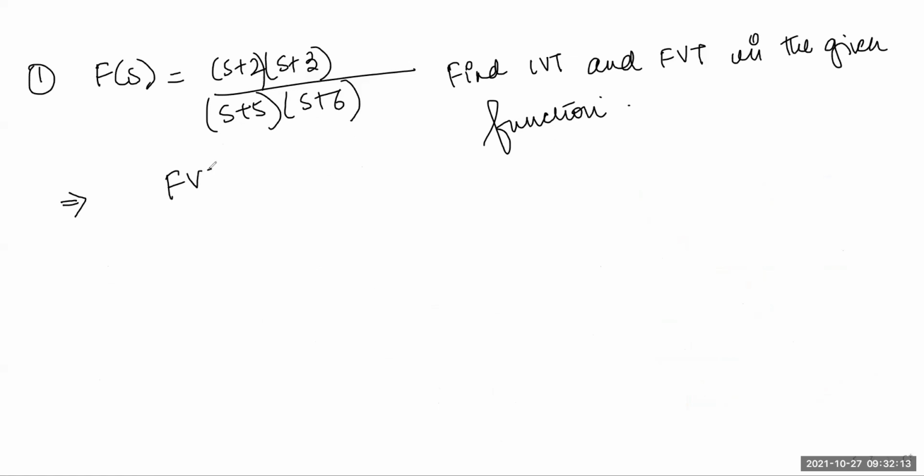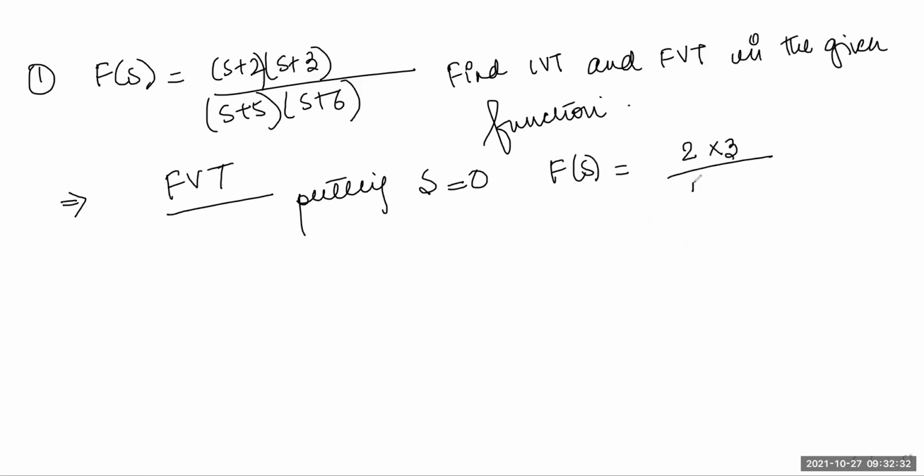Putting S equal to 0, then what will be the function F? It is 2 by 3 times 1 by 5. Yes, ma'am.